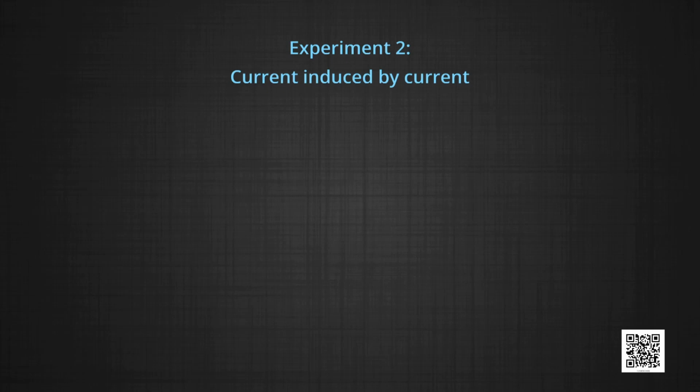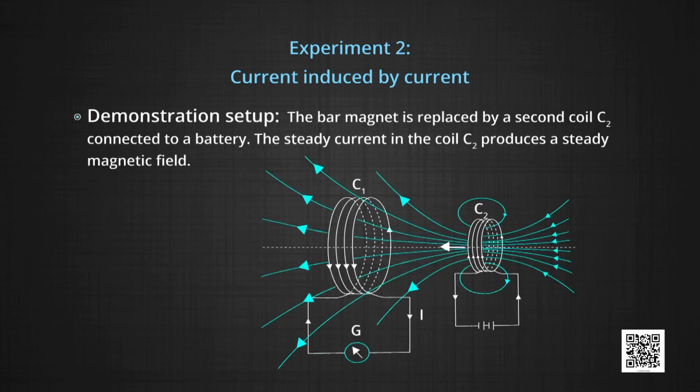Let us move on to the next experiment. Experiment 2. Current induced by current. The bar magnet is replaced by a second coil C2 connected to a battery. The steady current in the coil C2 produces a steady magnetic field.